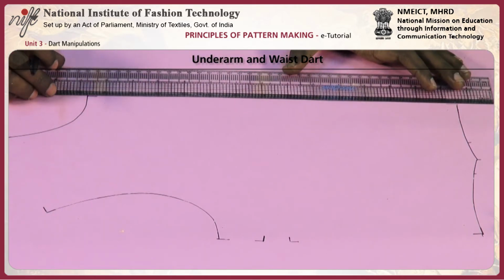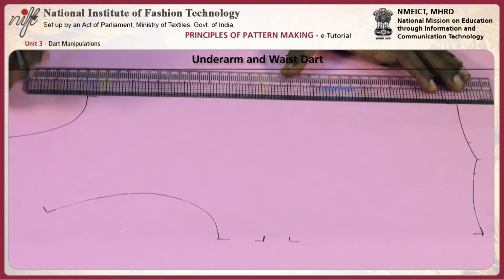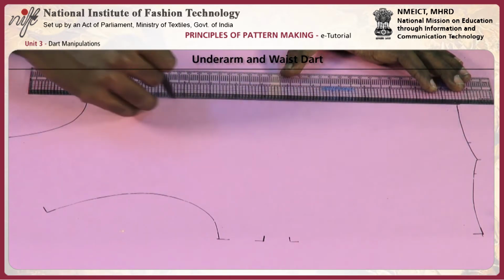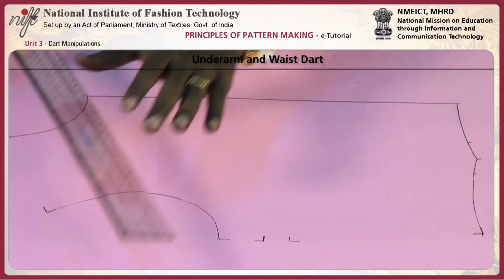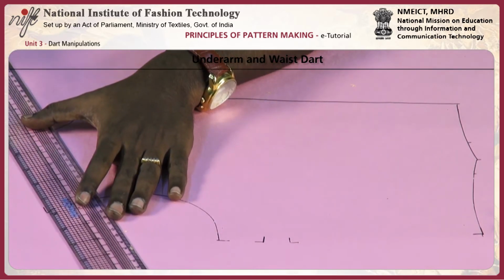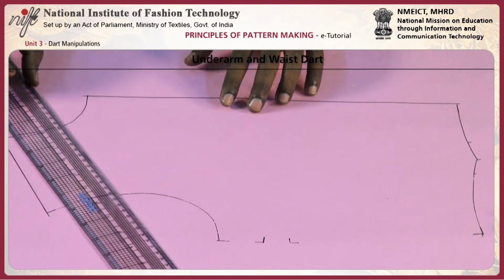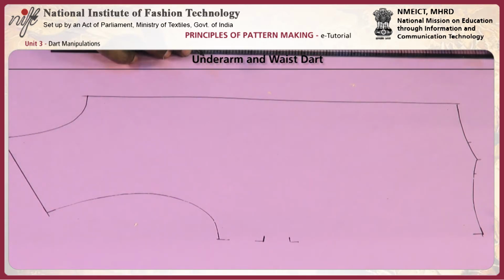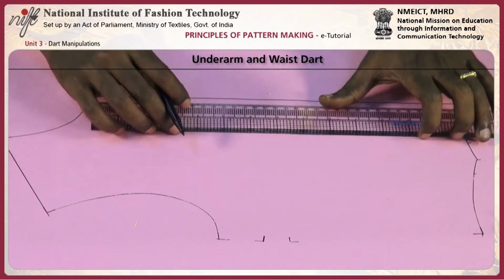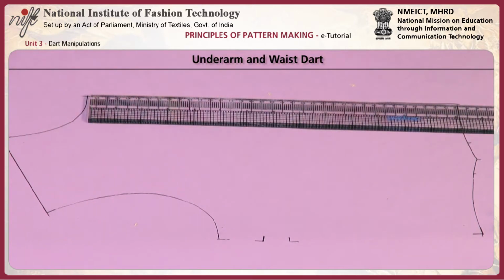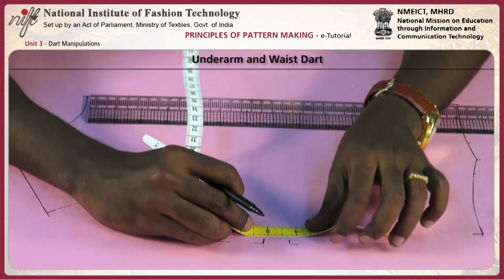Connect center front line with the straight line. Connect shoulder line using a straight ruler. Mark the midpoint of dart.